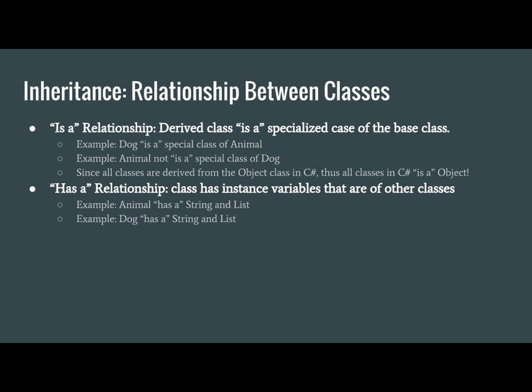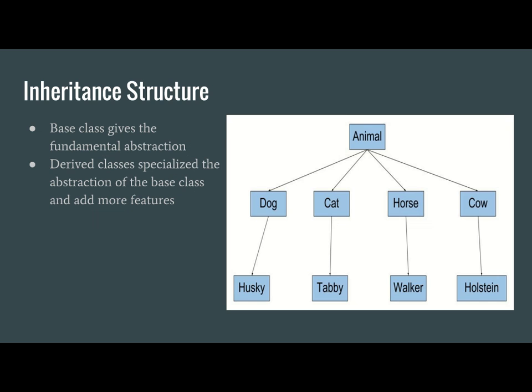So how do we tell the relationship between classes in inheritance? There are two relationships among classes in programming languages. The first one is called the is-a relationship. What it means is that the derived class is a specialized case of the base class. In our previous example, we had dog, cat, horse, and cow derived from animal. Therefore, we can say dog is an animal.